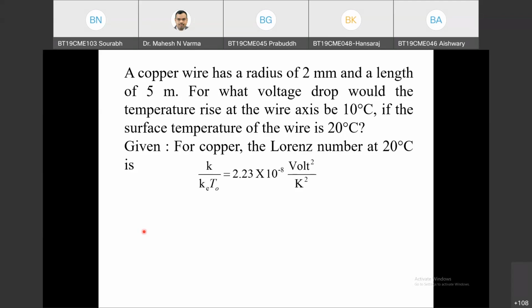So here, what is the temperature at the axis? Hansraj? Roll number 48.